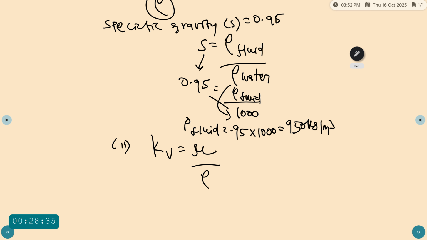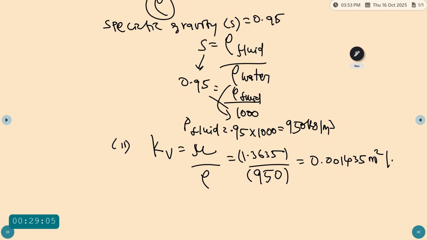Mu was determined already. Substitute 1.3635 divided by 950. By dividing this, we will get the answer in meter square per second, 0.001435 meter square per second.